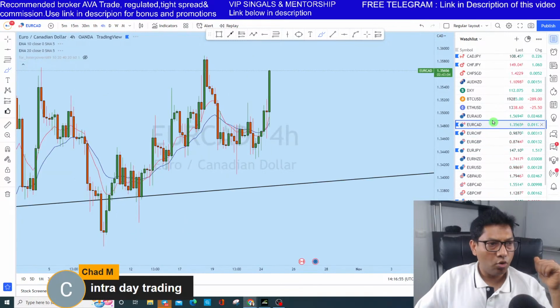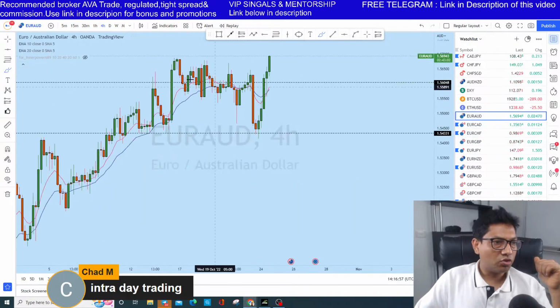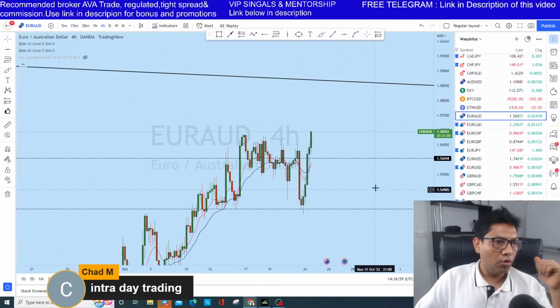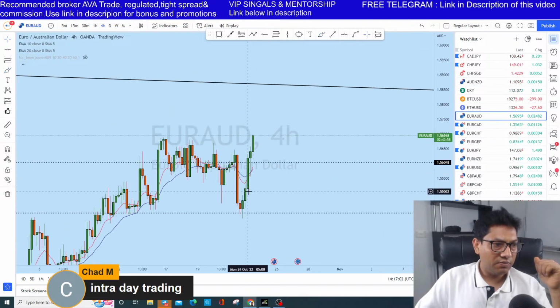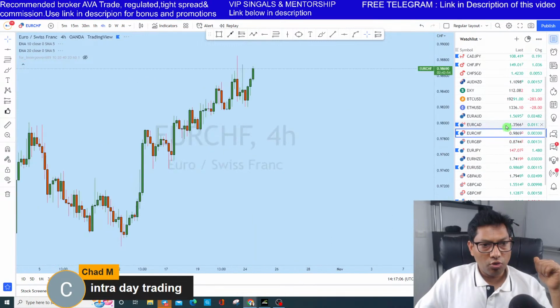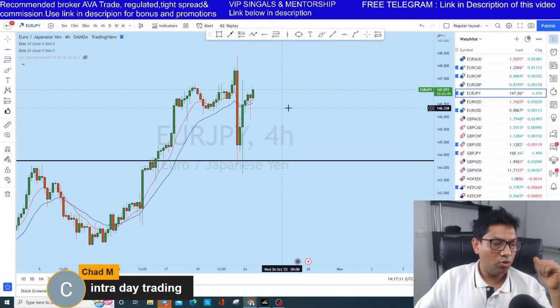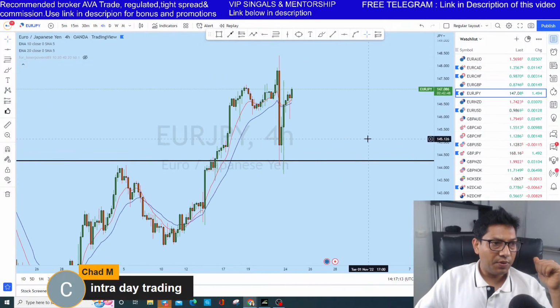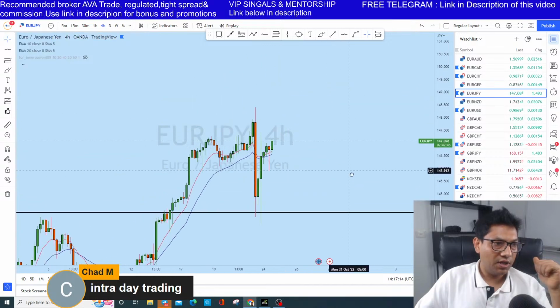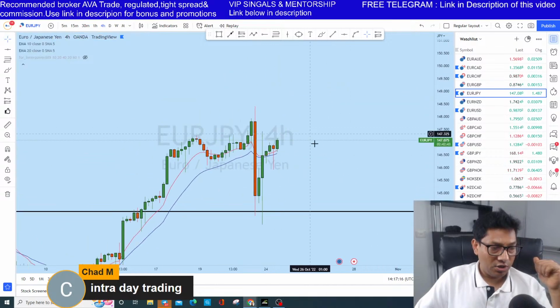So we see that the euro is giving a very strong bullish move. On euro AUD, as you can see, after this big rejection we see a movement. On euro pairs, I will be more passionate about Eurojpy than any other pairs, because Eurojpy really has huge potential.